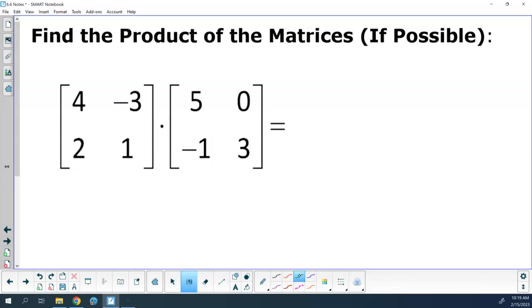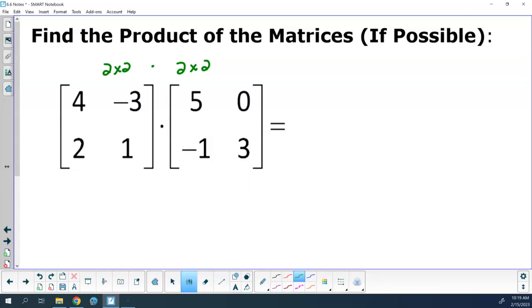Step number 1 says, I got to figure out, can I or can't I do it? Dimensions of the left one. 2 by 2. Dimensions of the right one. 2 by 2 again. Can I multiply a 2 by 2 matrix by a 2 by 2 matrix?